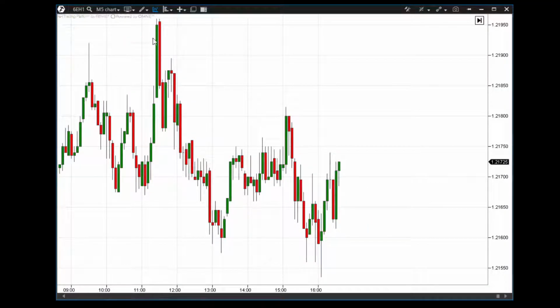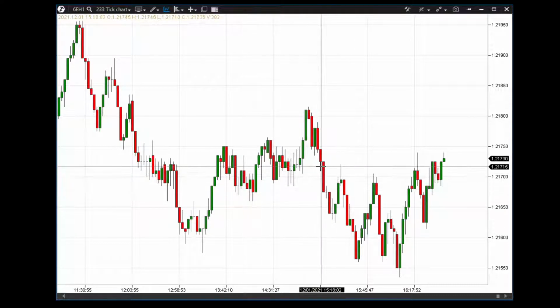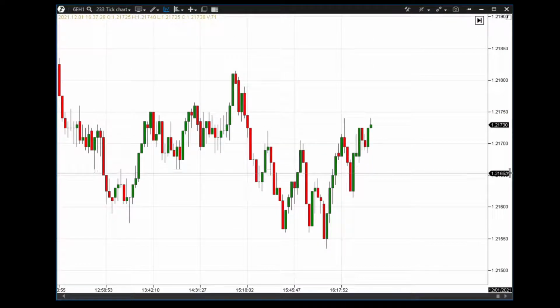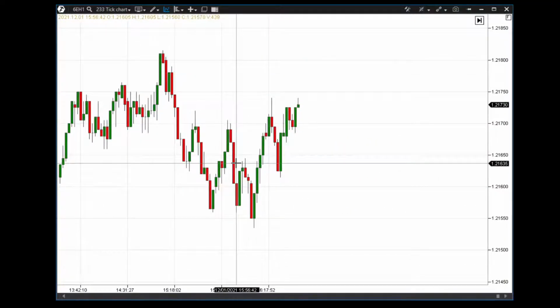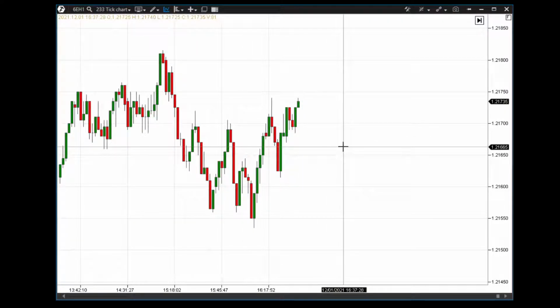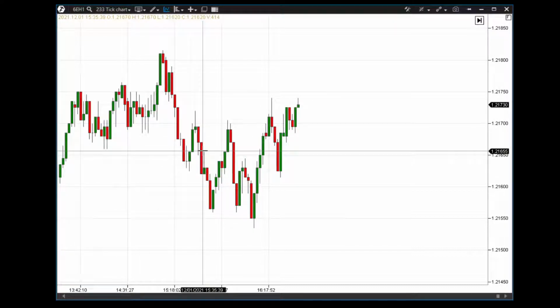And well, we're in futures, so let's change this to tick chart. I like tick charts more. Okay, and this is pretty much what you get when you sign up in any application, any broker, any analysis software. You get bars, right? In this case, we are looking at 233 tick charts on the euro.